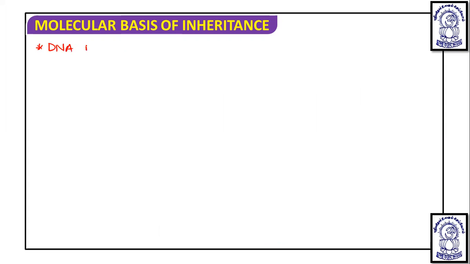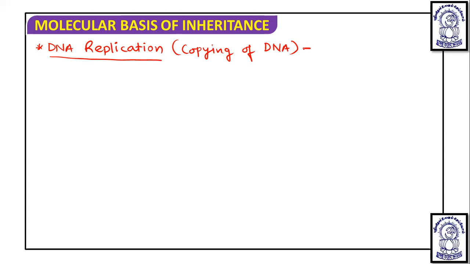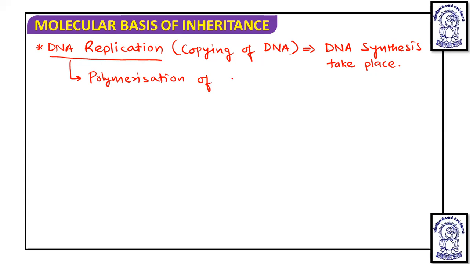So if we talk about DNA replication, which is also known as copying of DNA, DNA synthesis takes place. In DNA synthesis, polymerization of nucleotides takes place.